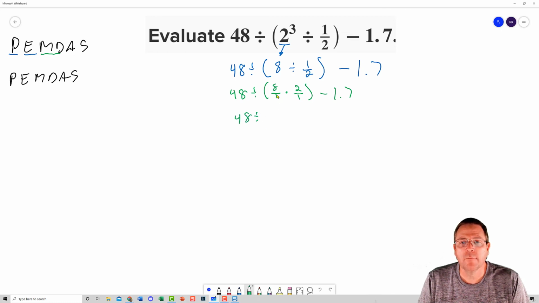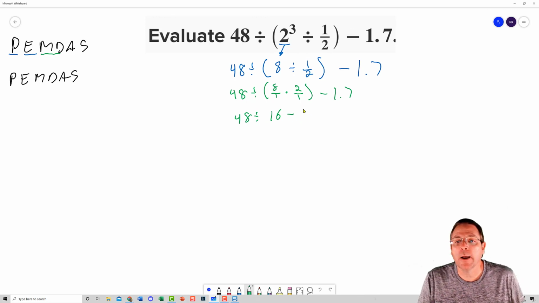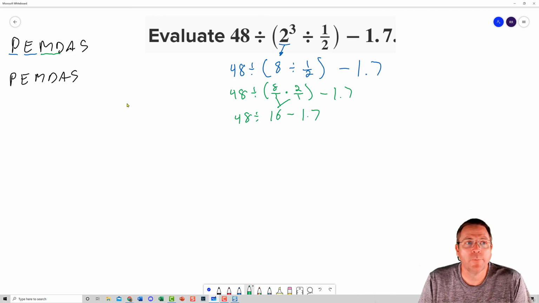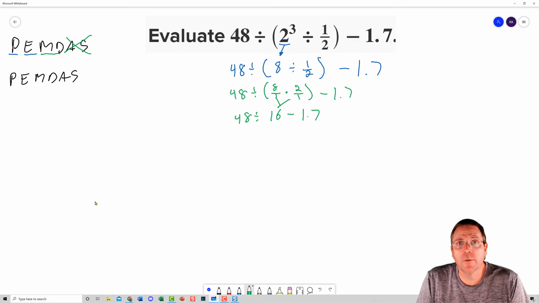That means divided by 8 over 1 times 2 over 1, that's going to be 16 over 1, otherwise known as just good old 16, minus, not divided by, minus 1.7, and that came from those two right there. And then my parentheses are gone, so I don't even have to worry about that, Aunt Sally. I've also already taken care of the parentheses. That was a gone part.